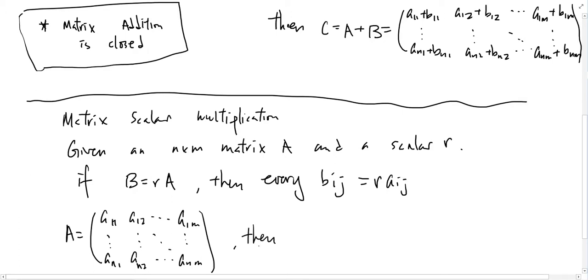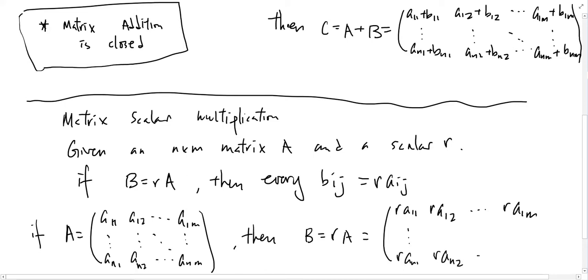then B equal to RA would simply equal RA11, RA12, to RA1M, and this pattern continues to RAN1, RAN2, to RANM.